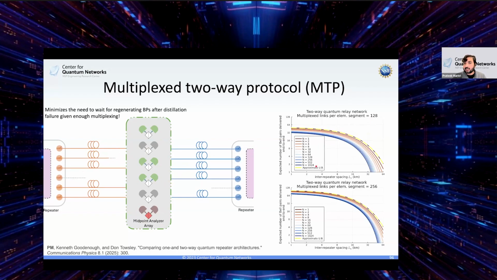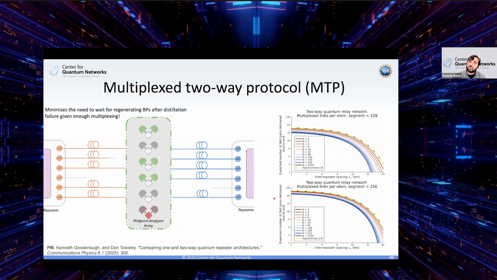And all of these are more than one for a variety of inter-repeater spacings. So there is a very high likelihood that you would get more than a single Bell pair generated between Alice and Bob, which we were losing out on when we were using the second generation without encoding scheme. And this effect is more when we start using more and more multiplex channels.